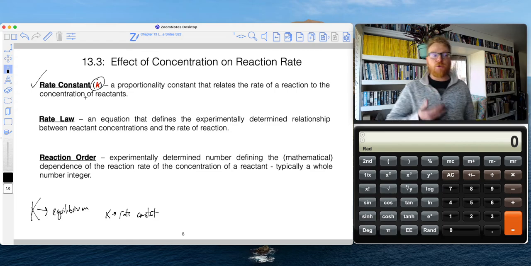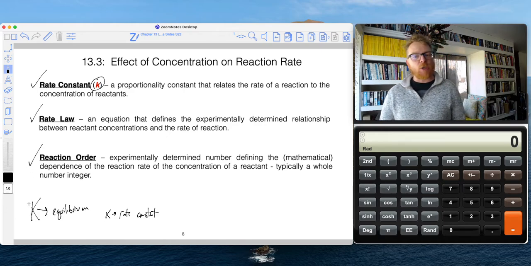In order to use a rate constant, we actually need something called a rate law, which is an equation that defines the experimentally determined relationship between reaction concentrations and the rate of a reaction. Within our rate law, we will have the rate constant. And finally, we need a reaction order.